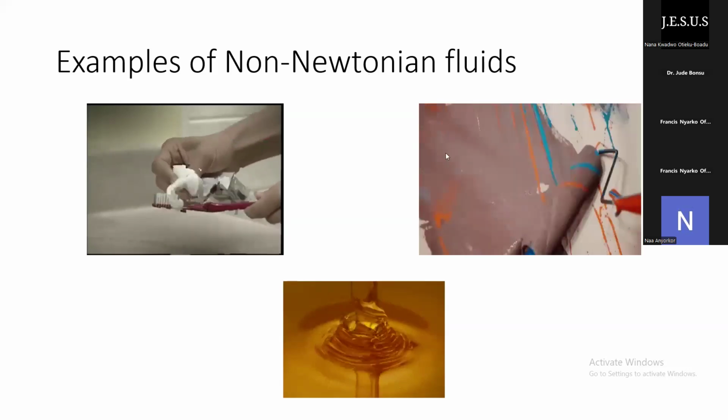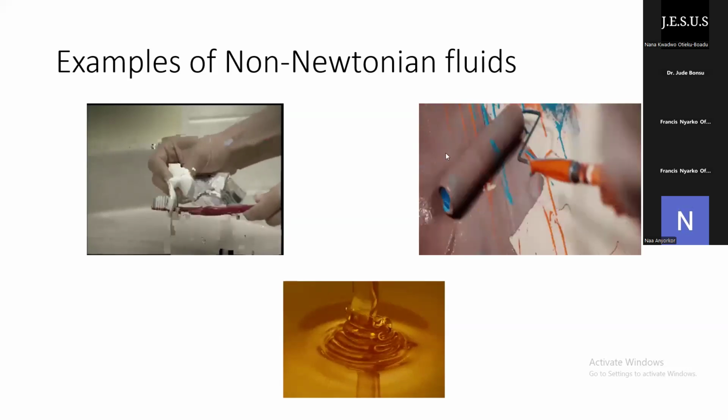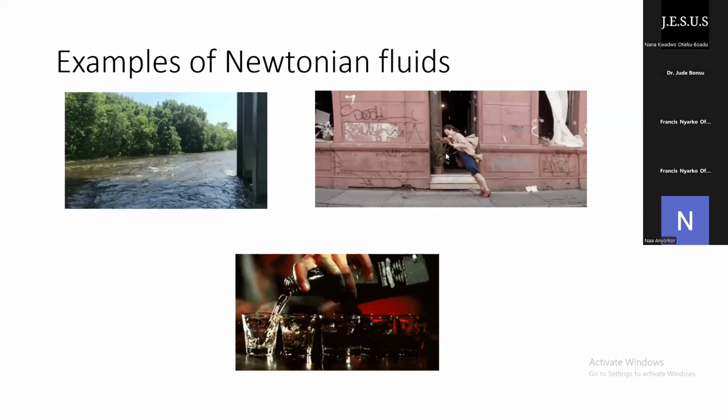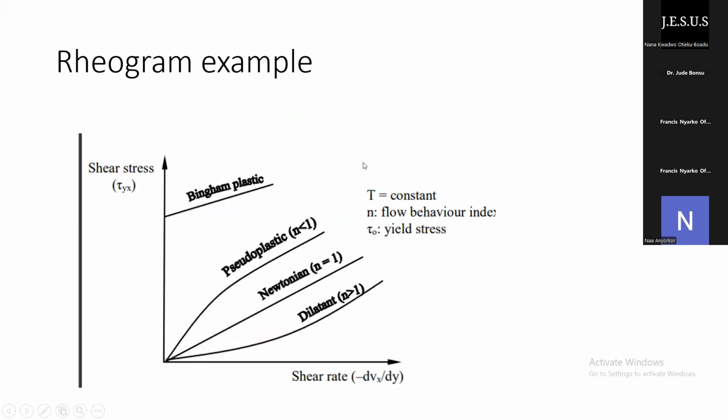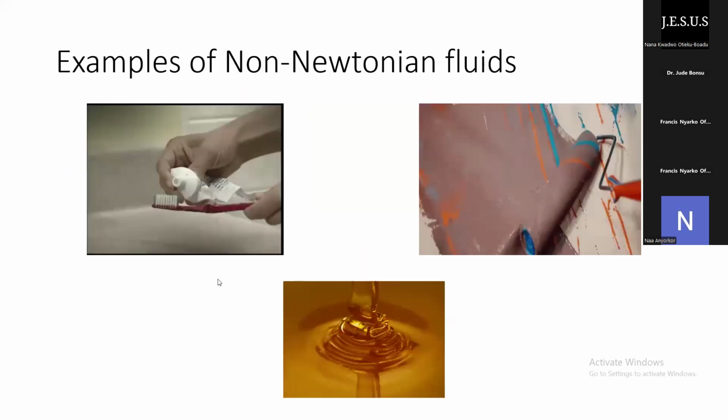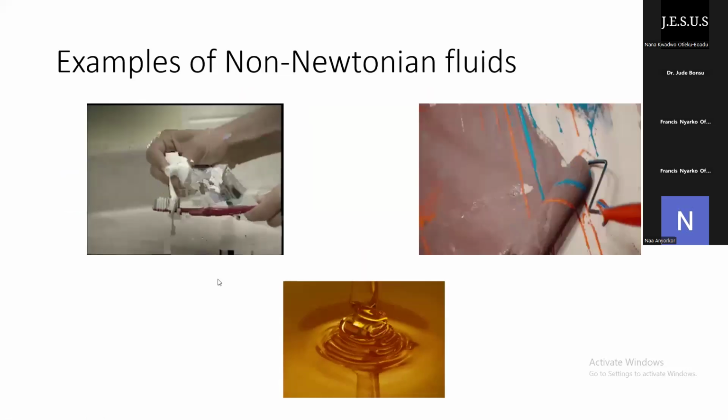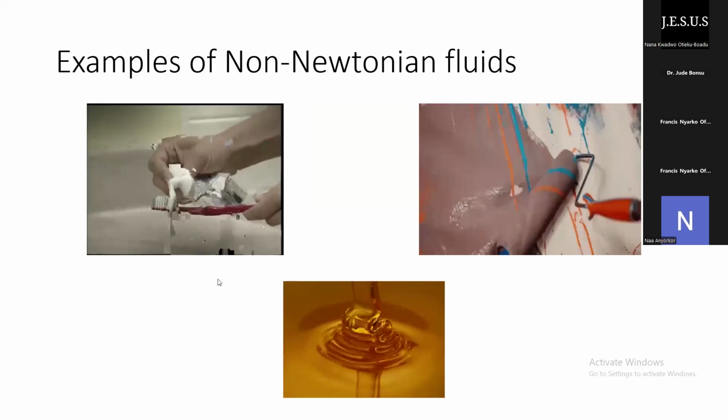So as compared to this, looking at this graph, we can see that the behavior is going to be something similar, because we need to increase the shear stress to a point before we can see the shear rate. And then the paint also. So these are all examples of non-Newtonian fluids.